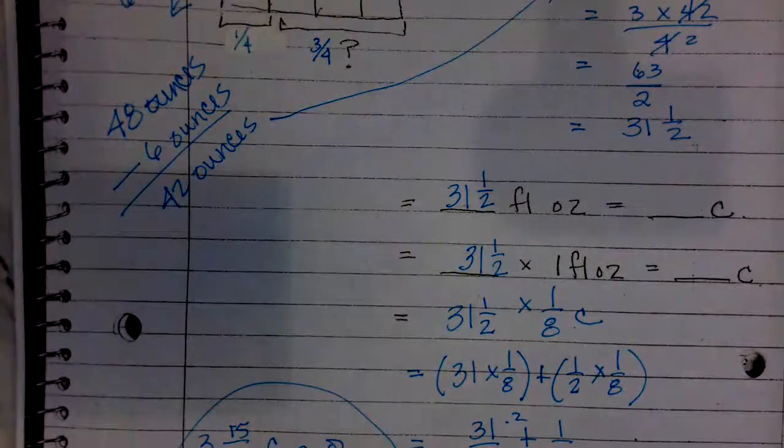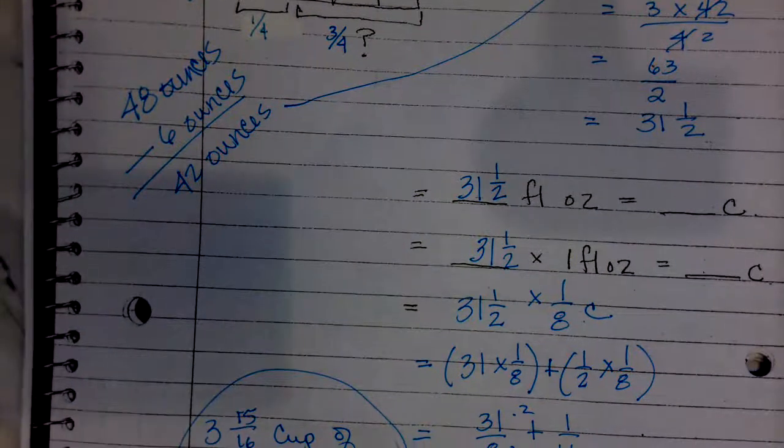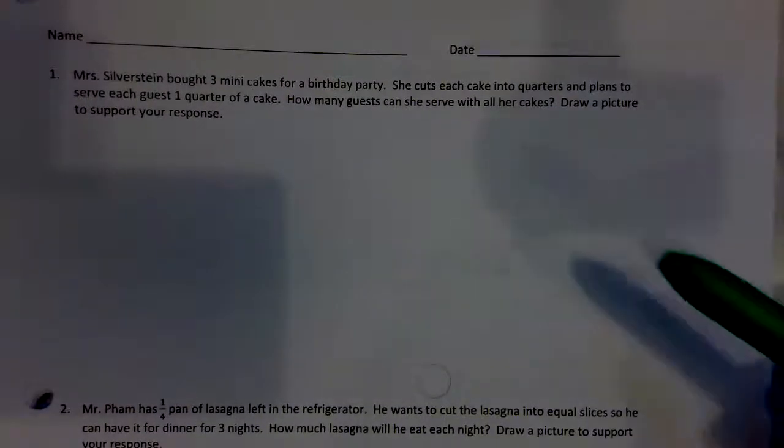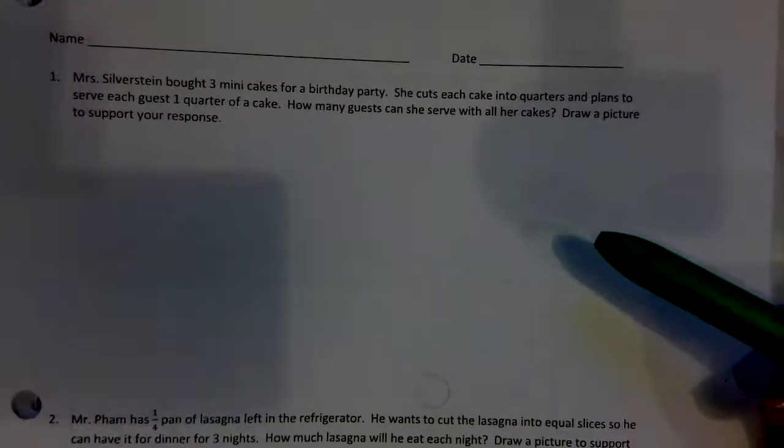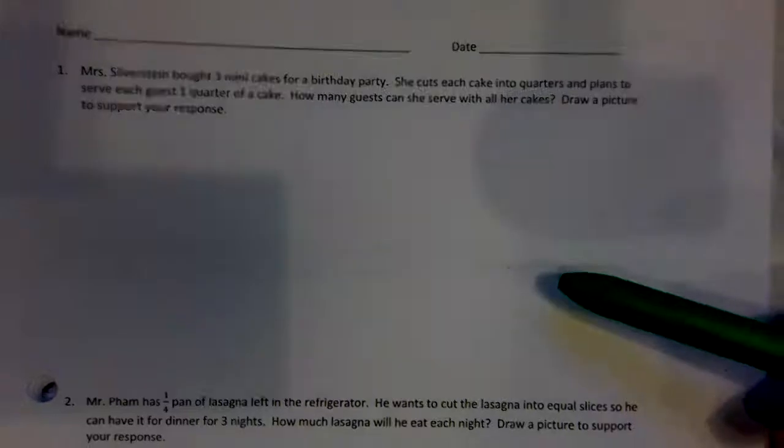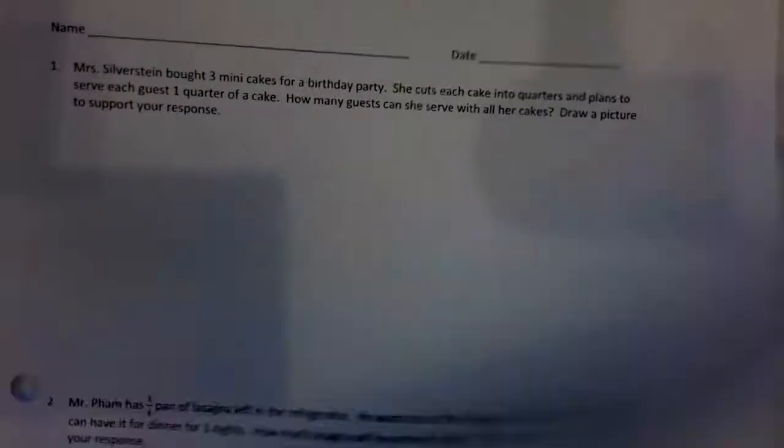All right, that's going to do it for concept development. Now we're going to take a quick look at the problem set. And you're going to notice that these look remarkably similar to what we just went through.